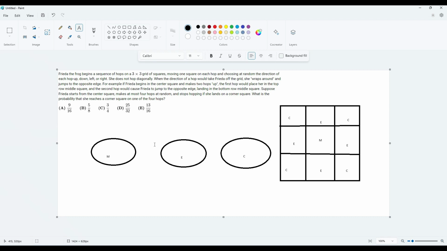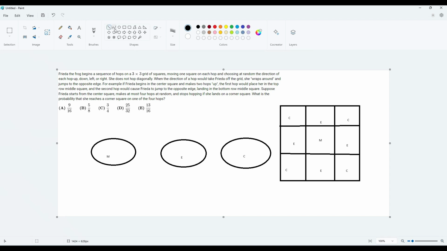We label it in this specific way because she would have to go to the edge first to reach the corner, meaning the corner would be the last step. Also, the goal of the problem is to reach the corner, so there would be no returning once you reach the corner square. But there would be a series of events between the middle and the edge.